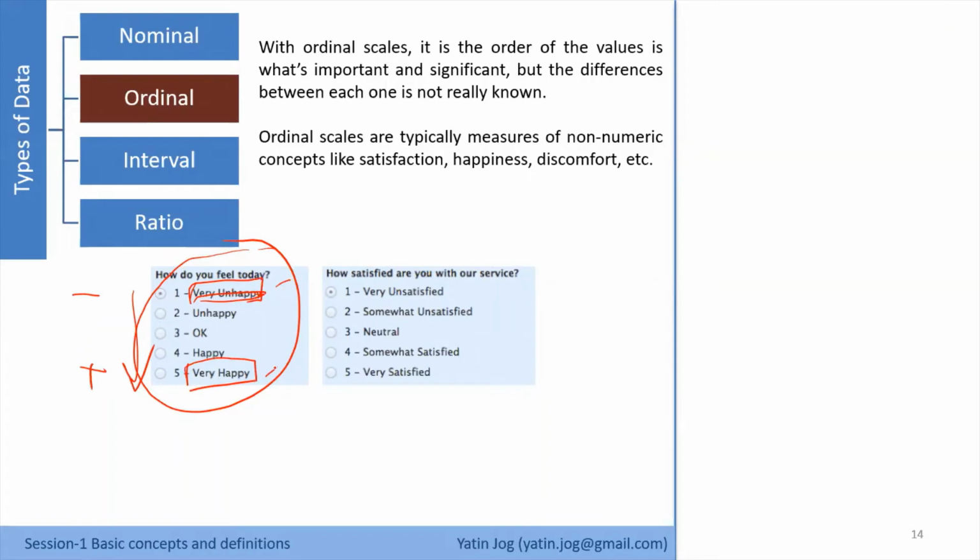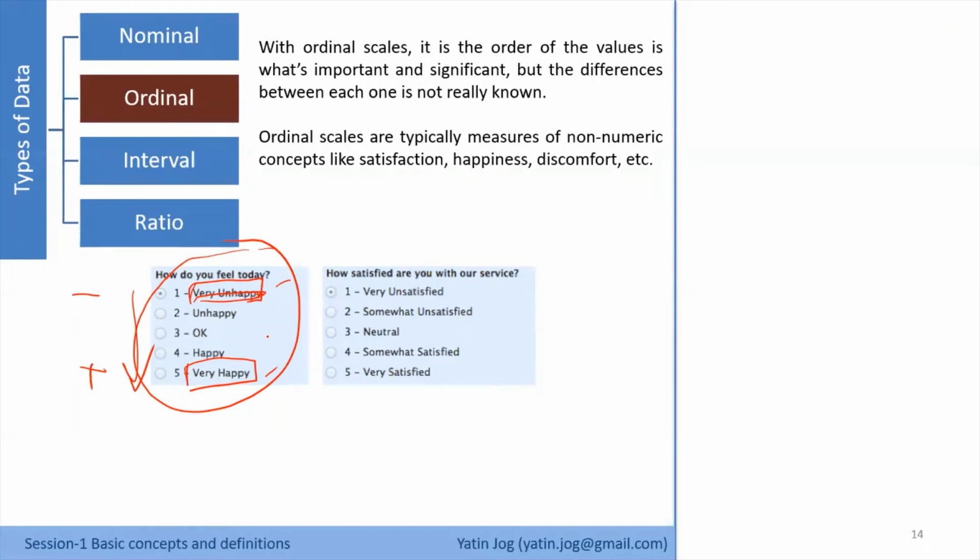I cannot give options like very unhappy, then very happy as the second option, unhappy as the third, okay as the fourth, and unhappy again as the last. No, I cannot do that. If I'm starting from very unhappy, I have to go increasing my level of how I feel today: very unhappy, then unhappy, then okay, then happy, and then very happy, from negative to positive. So there is some order, some sequence, some logic in my answers, and that order is important.